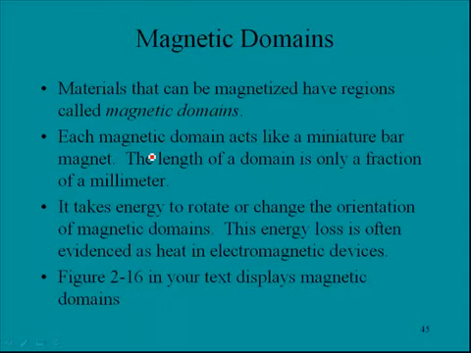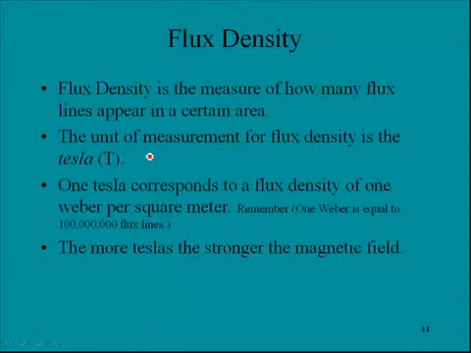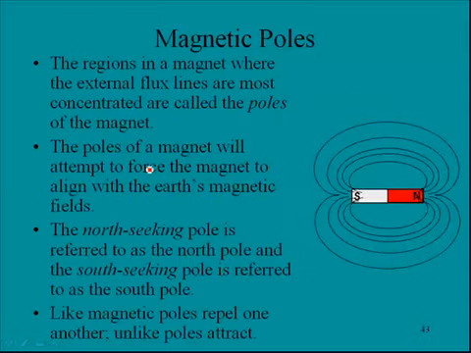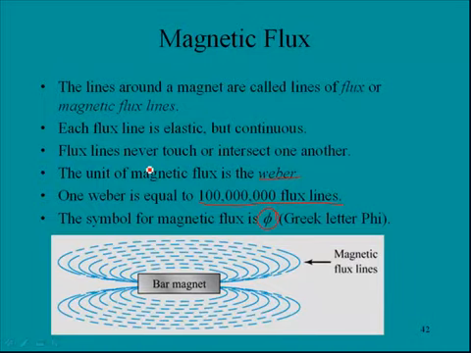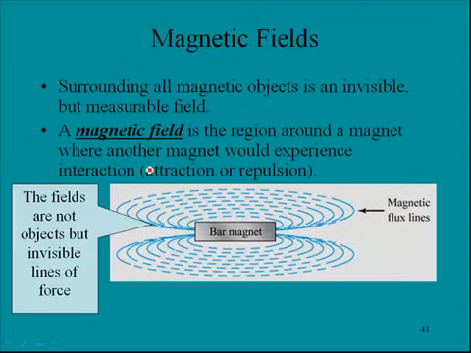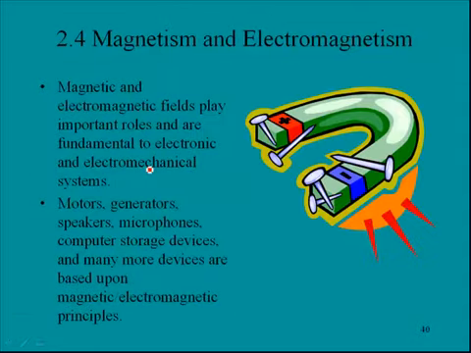We looked at magnetic domains. I didn't have a picture online, but we do have a picture in your text. It's figure 2-16. Flux density is measured in a unit called the Tesla. And we looked at magnetic poles, magnetic flux, and we referred to magnetic flux in terms of the Weber. And we looked at magnetic fields, and that concludes 2.4.